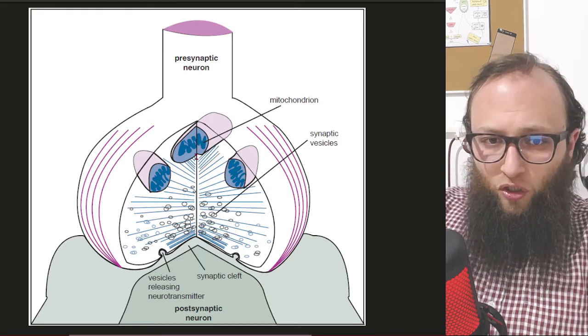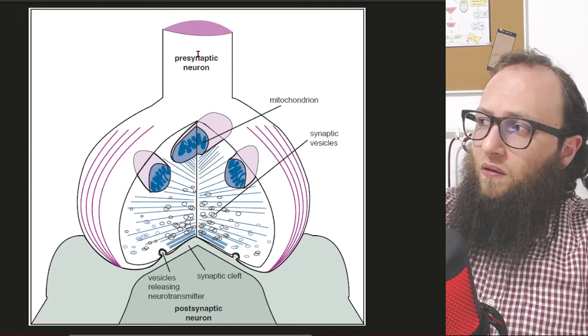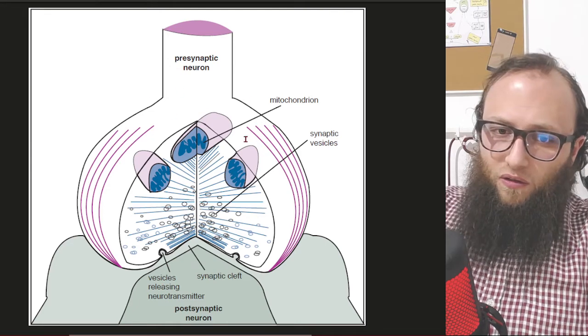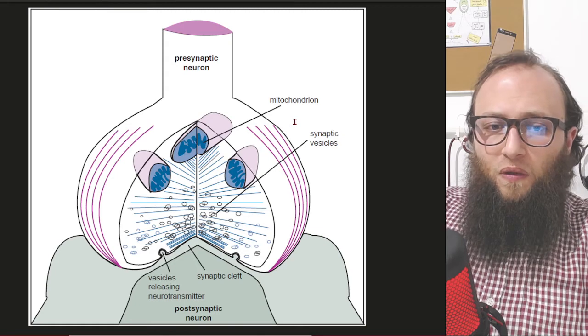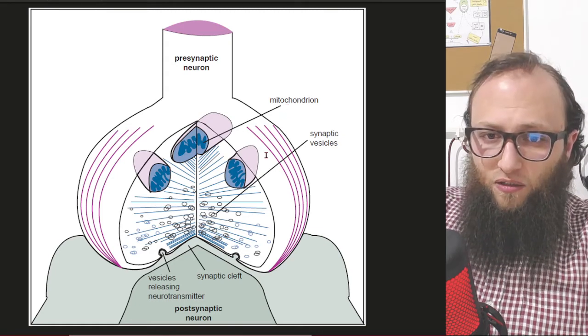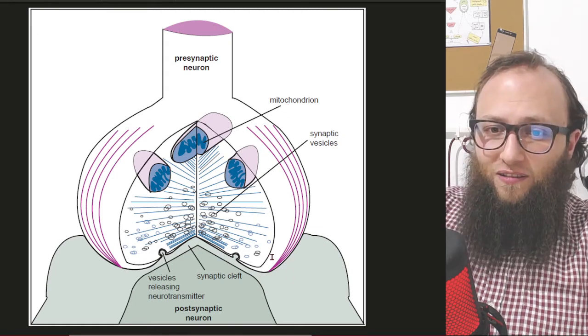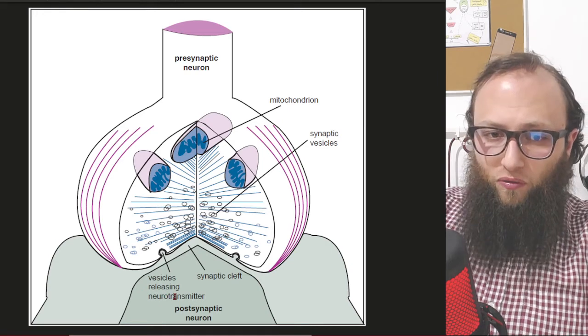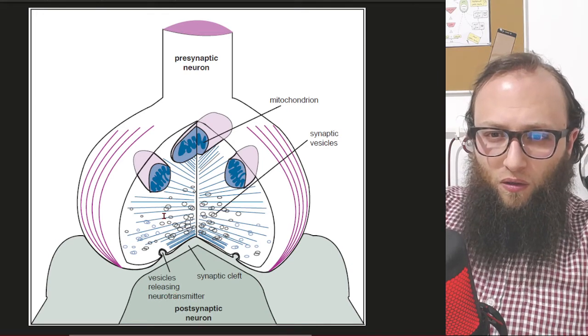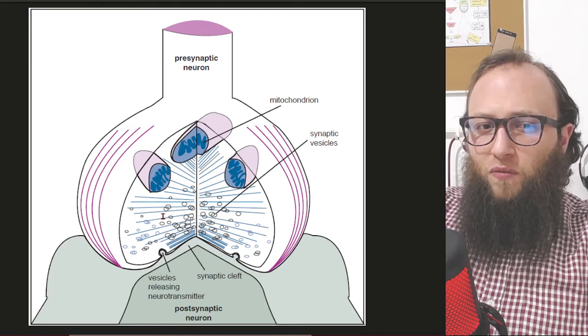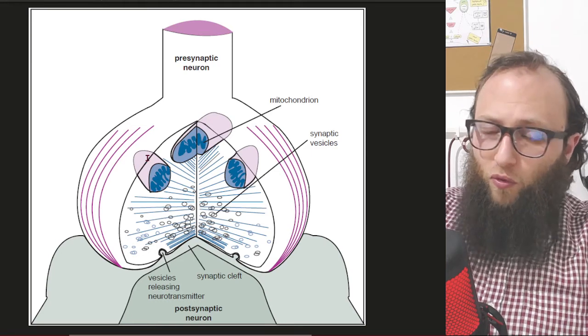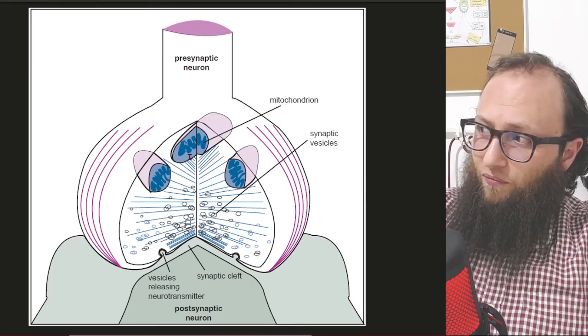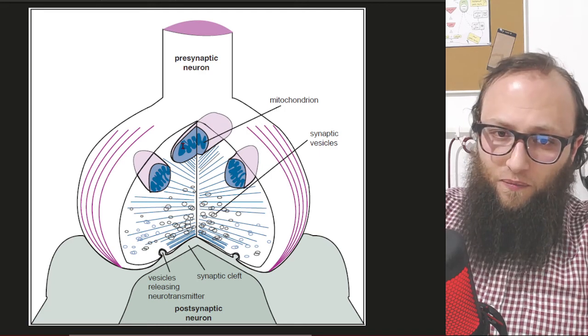The presynaptic neuron sends its axon terminals to form a synapse with the postsynaptic neuron. Energy for neurotransmission from the presynaptic neuron is provided by mitochondria. We can see it here.